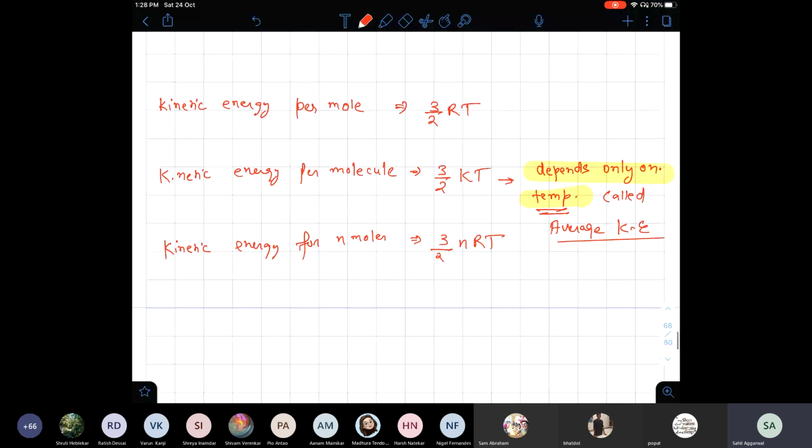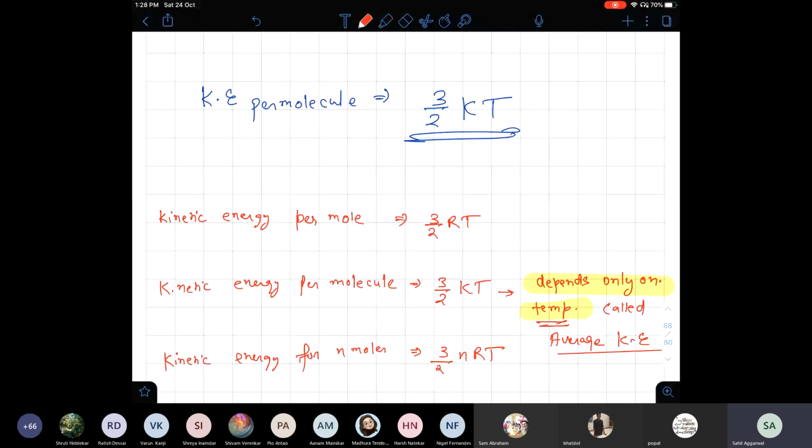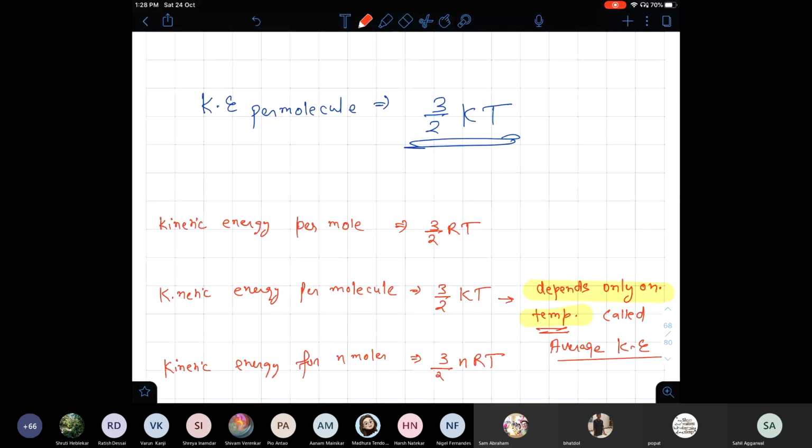Average kinetic energy depends only on temperature. Understood? Any doubt in this? All of you understood this point?